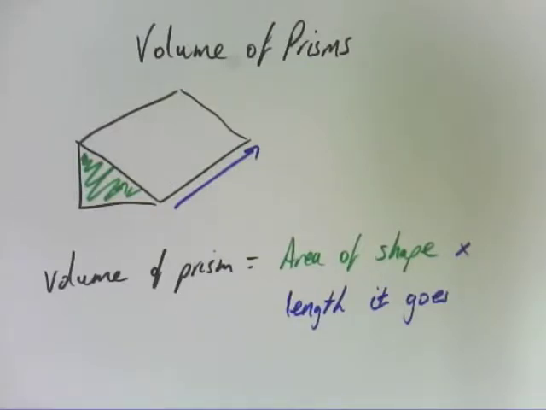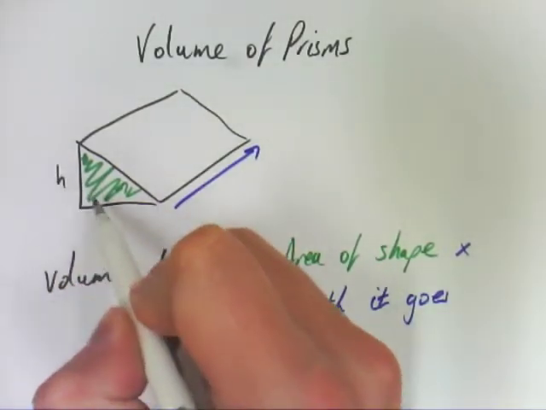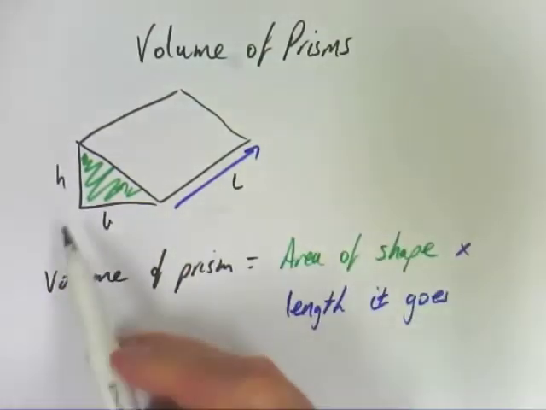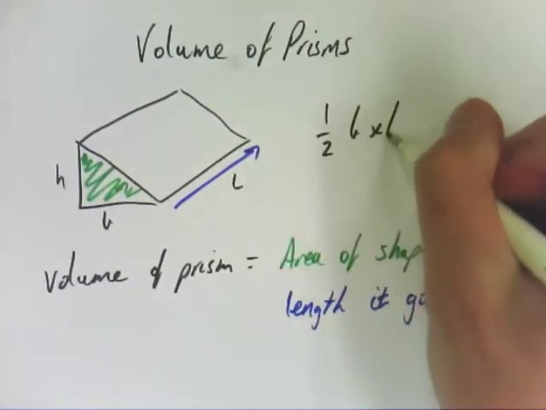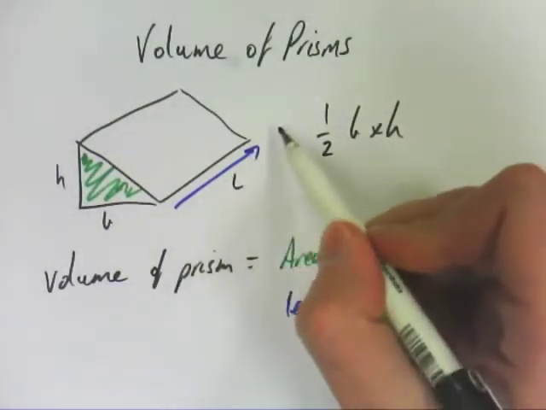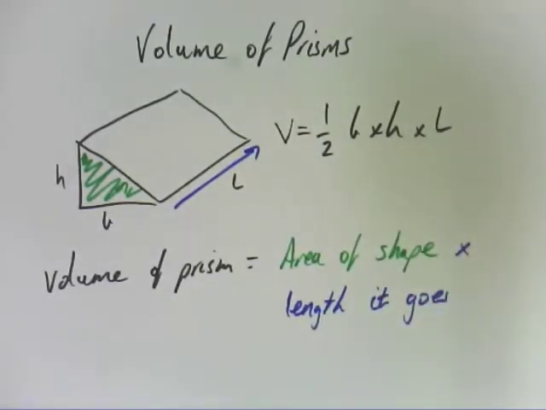The area of the shape is the cross section that runs all the way along it, times by how far that cross section goes. So for this one, it would be height, base, length. Now the area of a triangle is 1/2 base times height, and then that's going to be multiplied by the length. So it's quite easy to do.